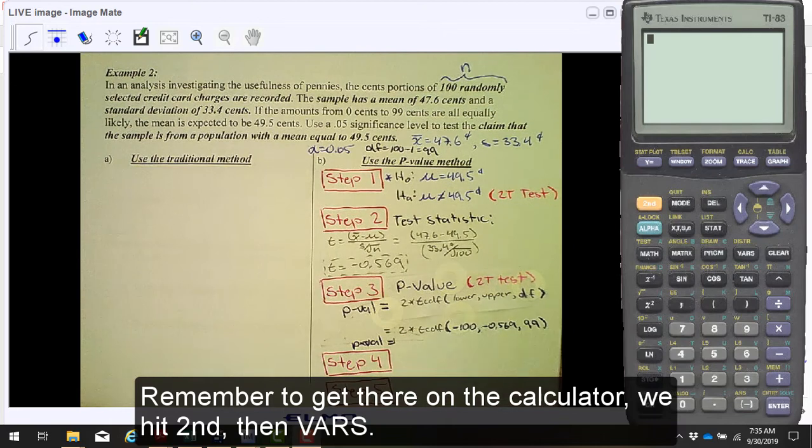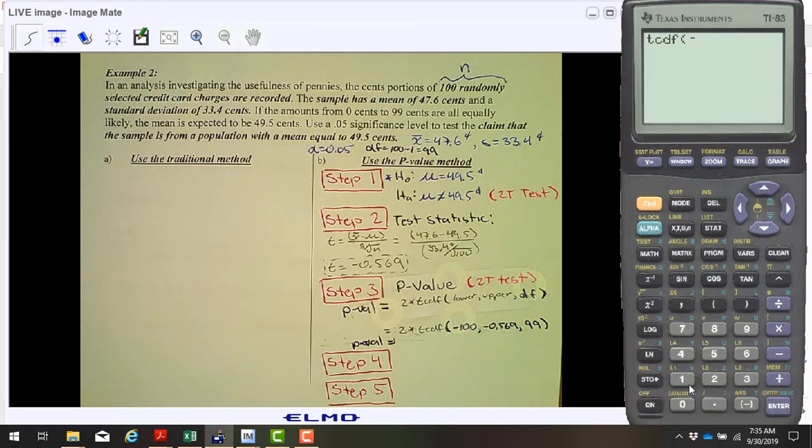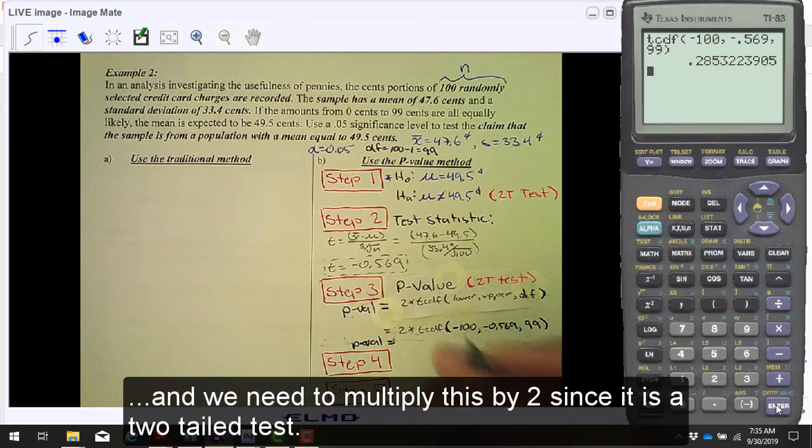Remember to get there on the calculator, we hit second, then vars. And we need to multiply this by 2 since it is a two-tailed test.